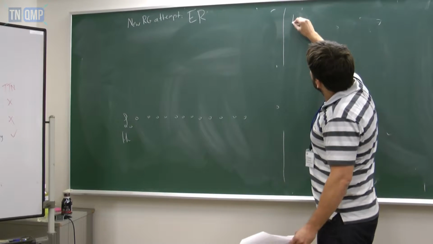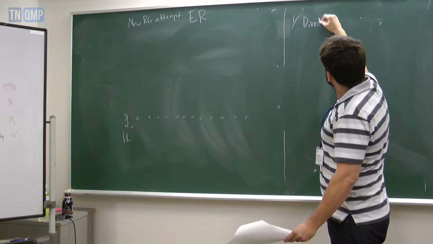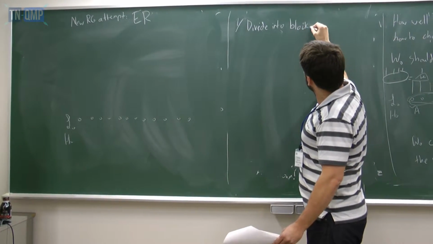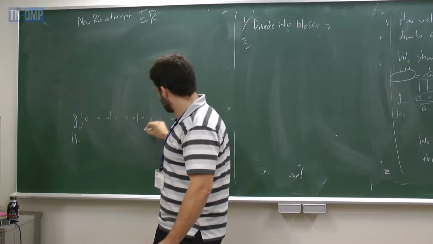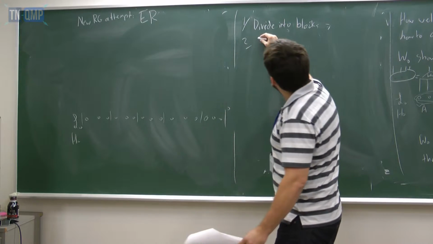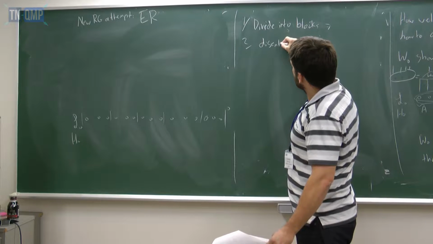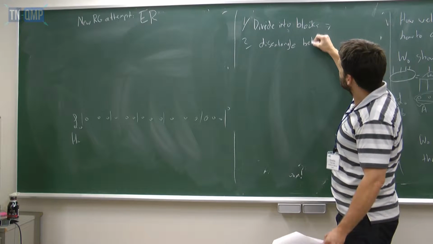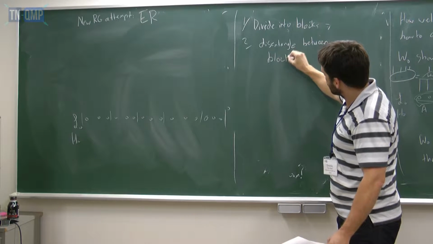As before, I'm going to divide into blocks, again 3-site blocks for simplicity, though any number of sites may do. Here's the key step that fixes the problems we saw before: disentangle between blocks.